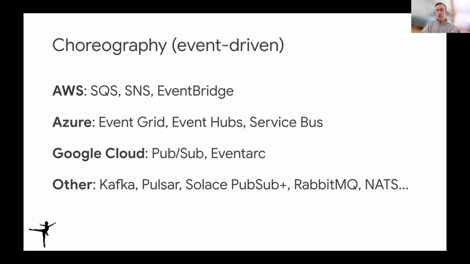On Google Cloud, we usually use PubSub as a publish-subscribe mechanism to exchange messages. We also have Eventarc, which is an interesting and fairly recent product, which allows you to create bridges between events and services currently hosted on Cloud Run, but we're expanding this. And it reacts to tons of sources of events, I forget the exact number, from within the cloud and your cloud project.